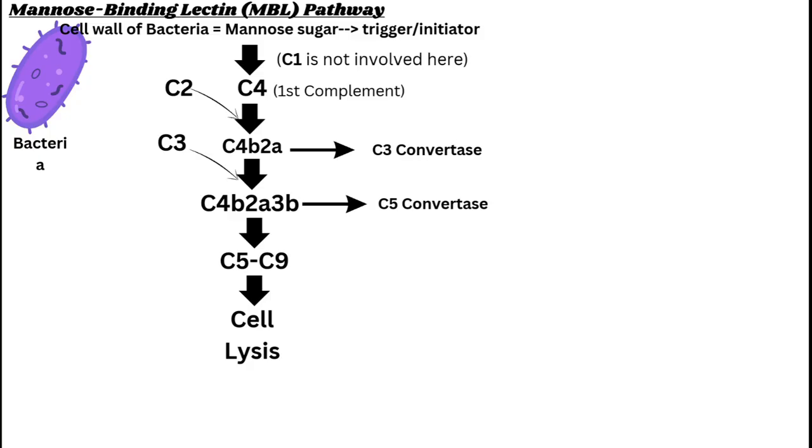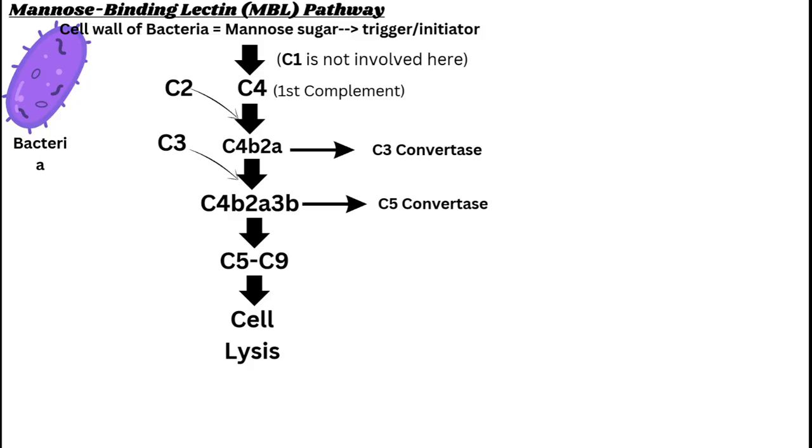From there we will consider the C3B. Then C4B2A3B will be considered the C5 convertase, because in the next step it will cleave C5 into C5A and C5B.